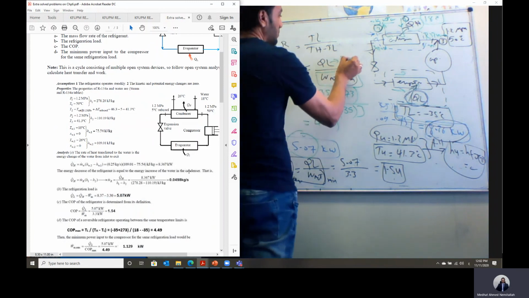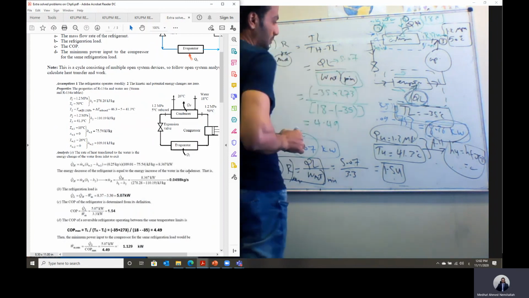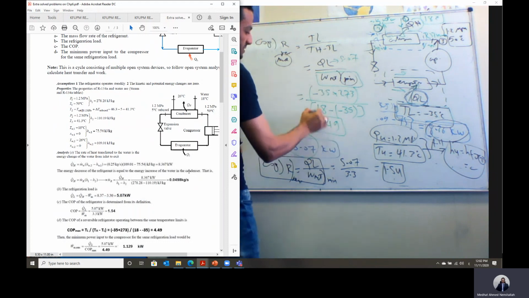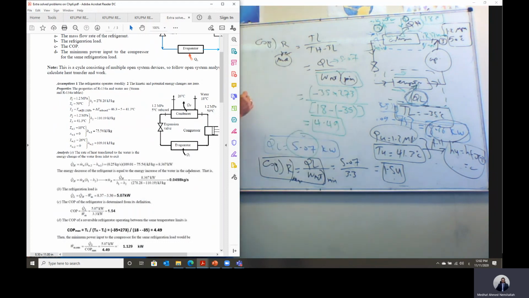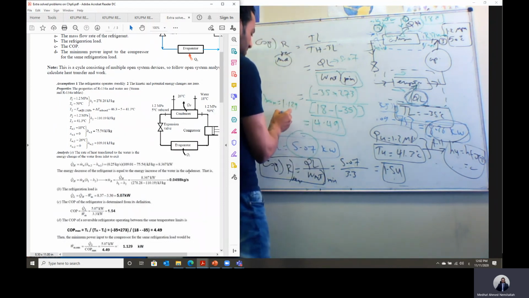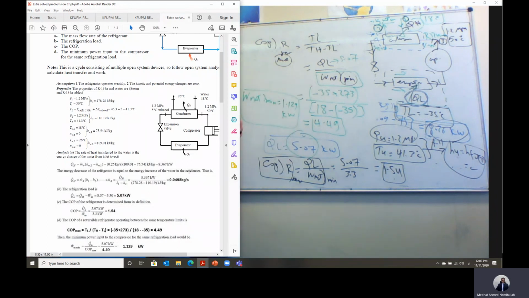So Q low is equal to 5.07 kilowatt, and Q low over work net is equal to this coefficient of performance. Then we can calculate the minimum work input to the system, and it should equal 1.129 kilowatt.